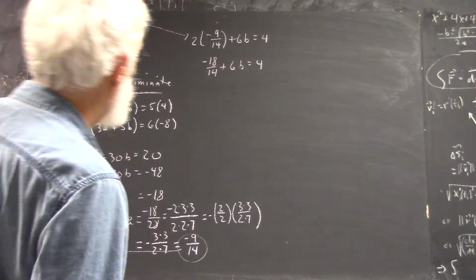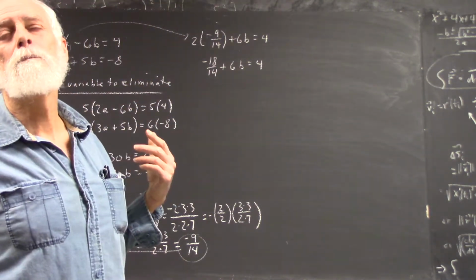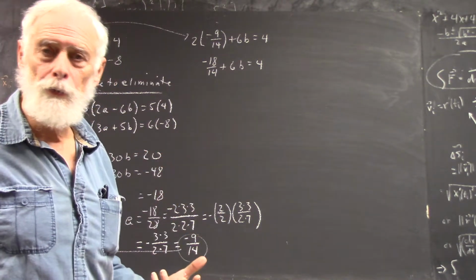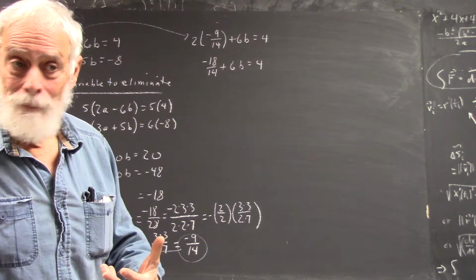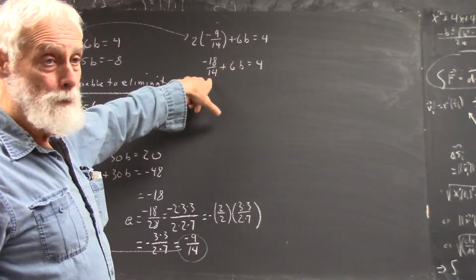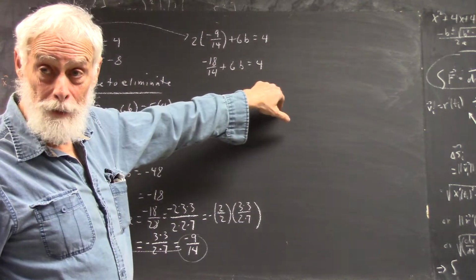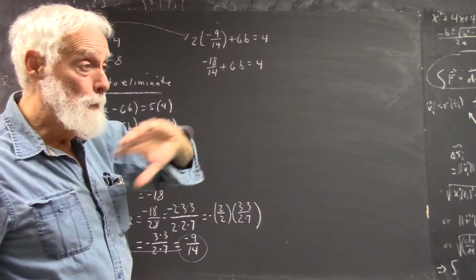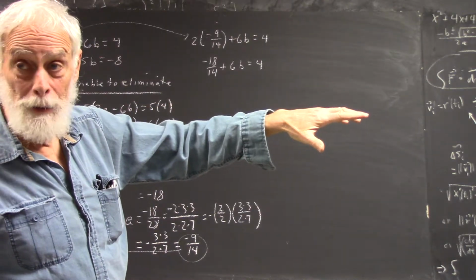Not necessary, though. So my general, more or less universal advice: as soon as you get an expression and you've got denominators, you multiply by those denominators. You multiply by any common denominator.